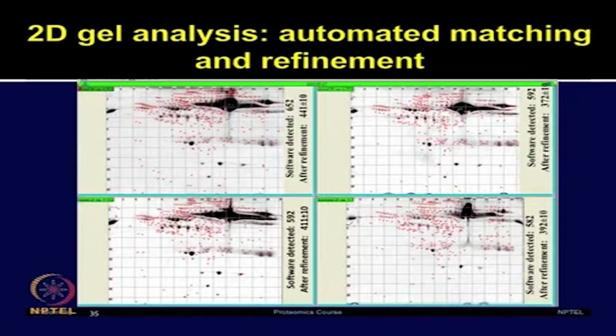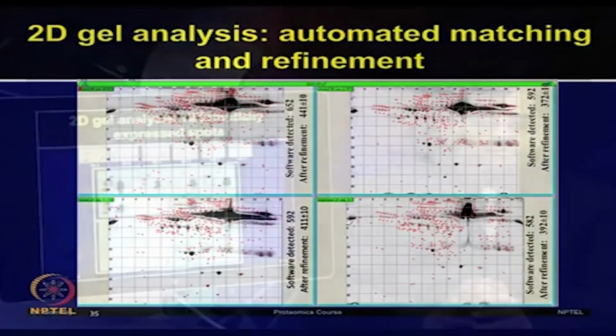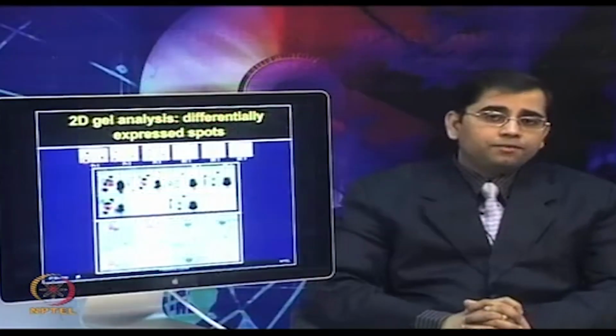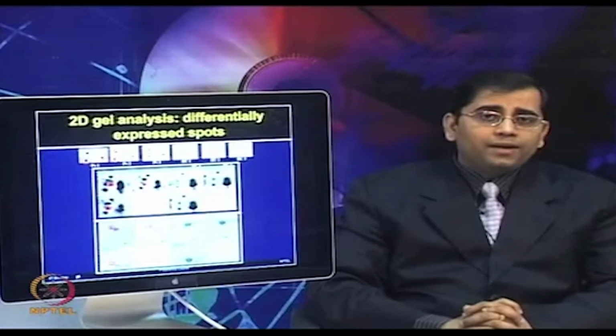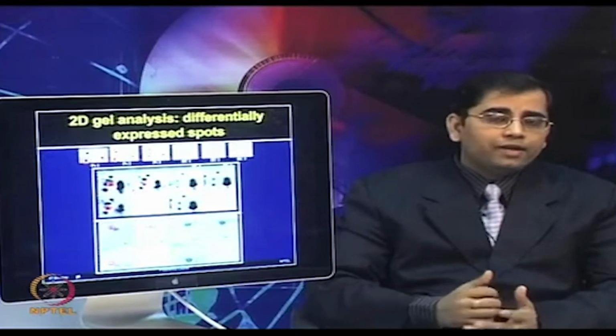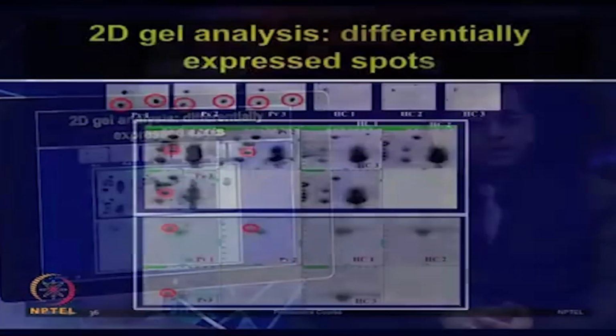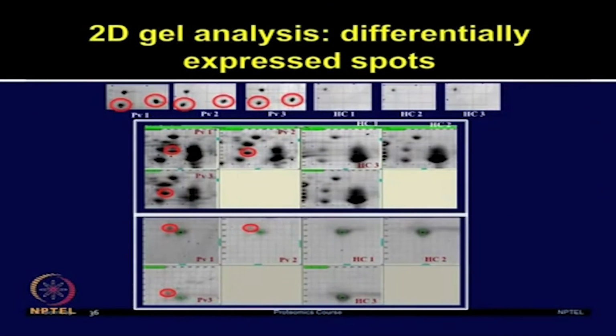Automated matching as well as manual refinements were performed to obtain how many spots are significantly modulated due to vivax infection. As you can see in this slide, we looked at various controls and various vivax patients. These are only a few patient samples here, but we analyzed a large number of samples, and those spots which were reproducible in all the patients.